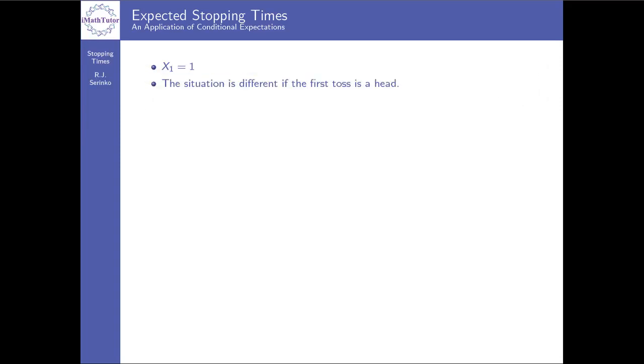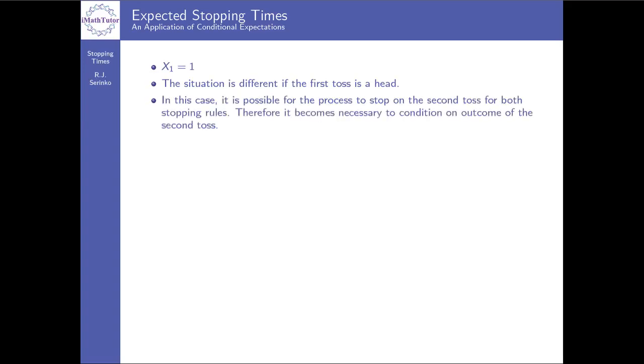Now let's move on to the situation when the first toss is a head. In this case, it's possible for the process to stop on the second toss for both stopping rules. Therefore, it becomes necessary to condition on the outcome of the second toss. For stopping rule 1, the process stops if x1 equals 1 and x2 equals 1. For stopping rule 2, the process stops if x1 equals 1 and x2 equals 0.